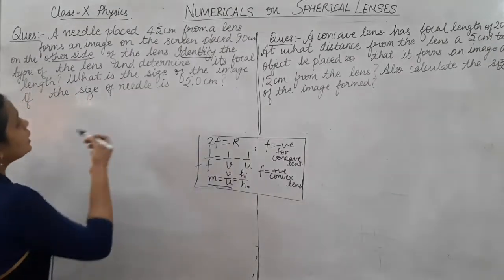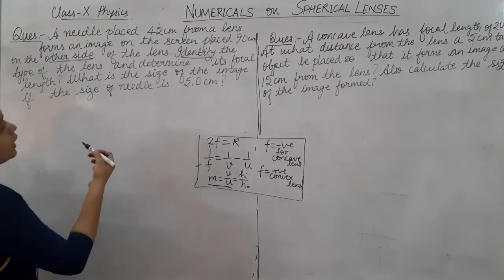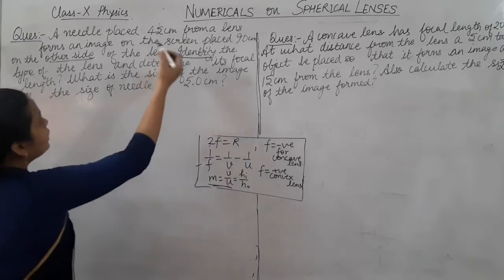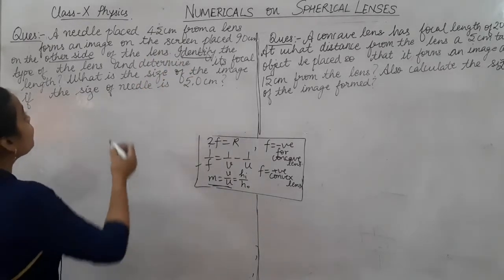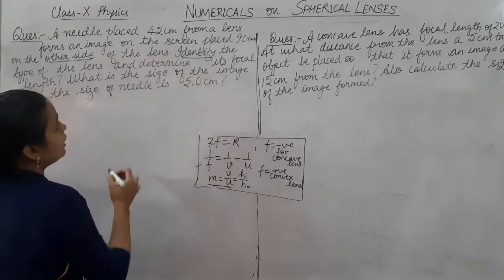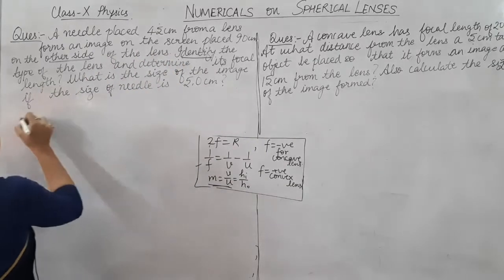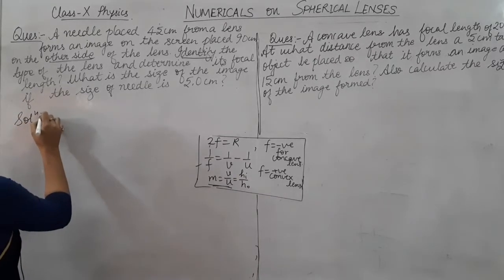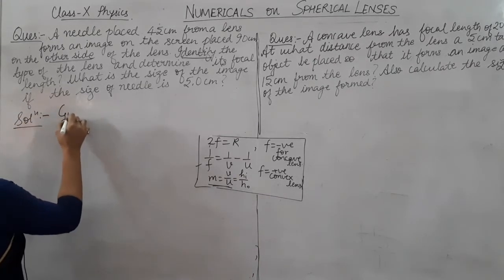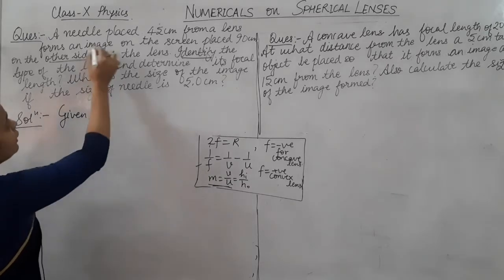Firstly, you have to identify which type of lens is being used here, with the help of which type of lens this experiment has been done. A needle placed 45 centimeter means the needle is an object. If you are asked to write the given data, what is given here? Height of an object.